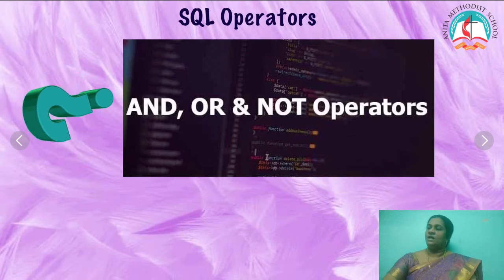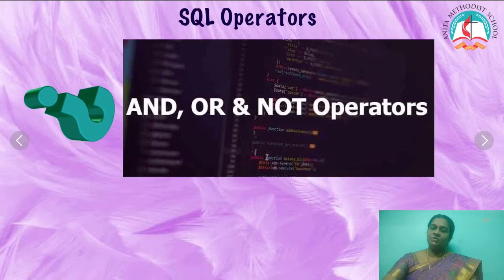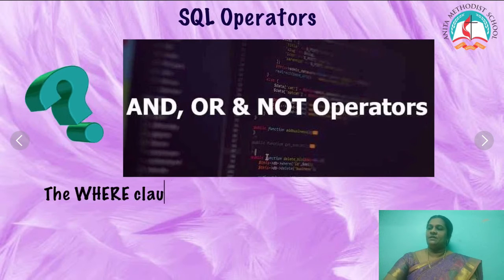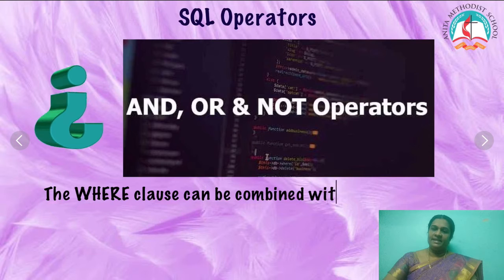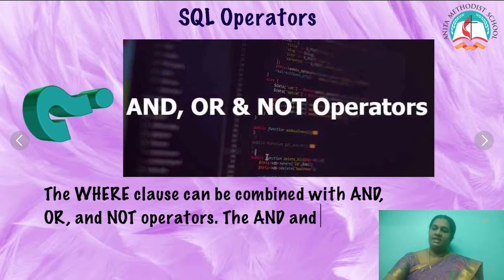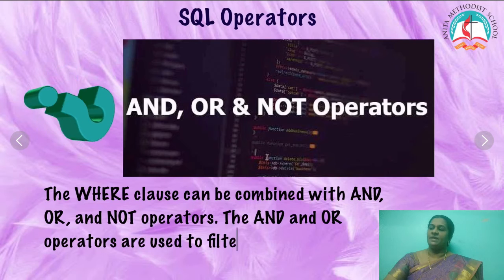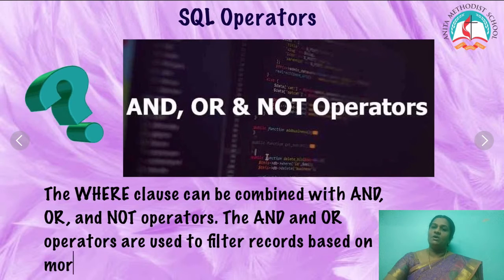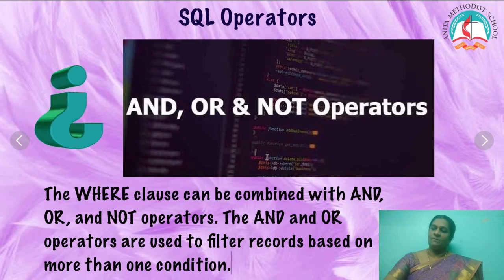Now let's see what is the use of it. I told you the where class is the main querying clause for the database. The where class can be combined with AND, OR and NOT operators.